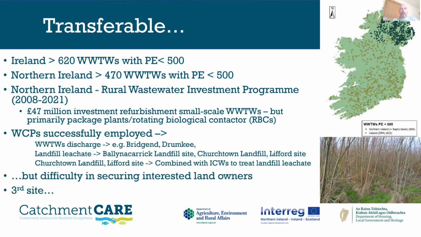As you see in the graph of Ireland at the side, there's large potential to employ wastewater willow copse plantations throughout many of these sites. Willow copse plantations have been successfully employed at Bridgend and Drumkey and a couple of other sites for treating wastewater treatment works discharge and landfill leachate. So there's the potential to employ them throughout Ireland.